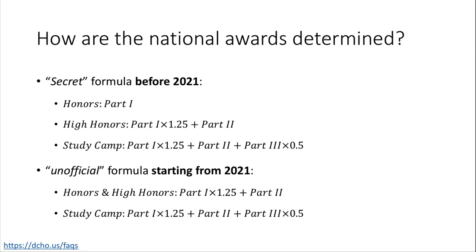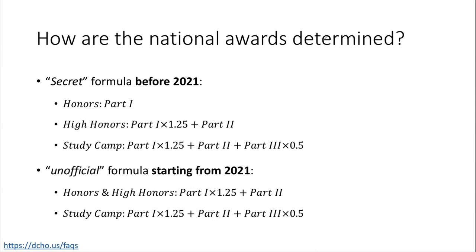So starting from 2021, it seems like there are some changes. In the past, if your goal was only honors, you only needed to take care of your Part 1, right? But now it seems like both Part 1 and Part 2 will determine the honor and the high honor.